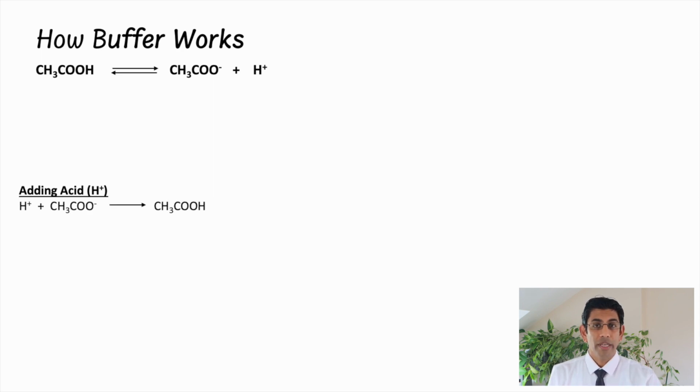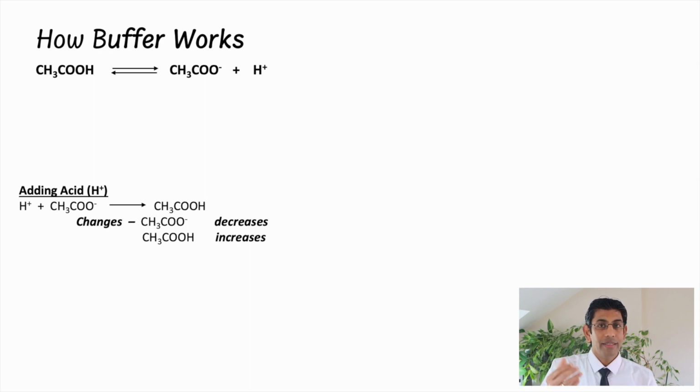These H plus ions from the acid react with CH3COO minus ions and create CH3COOH, which is the weak acid as a compound. So what are the changes happening? Adding H plus reduces the amount of CH3COO minus ions and increases the CH3COOH. But if you notice, none of these changes the H plus concentration in the solution, and therefore there's no change to the pH.